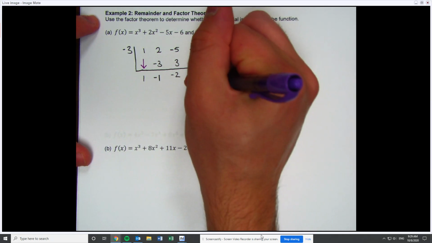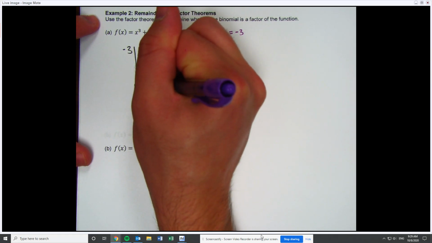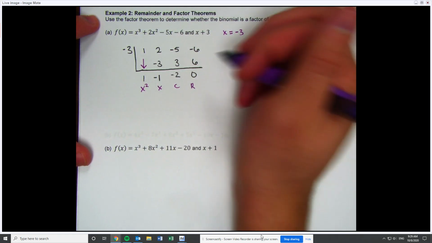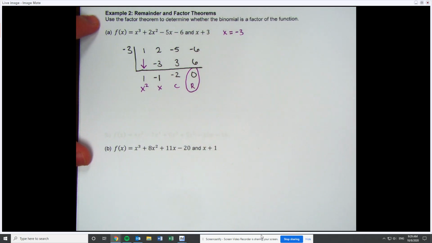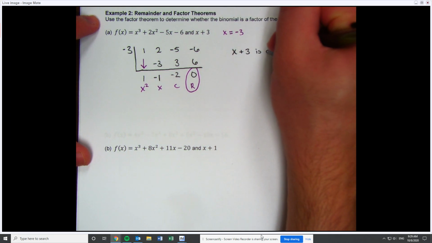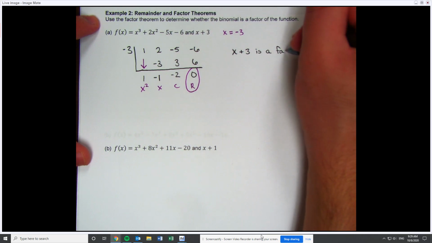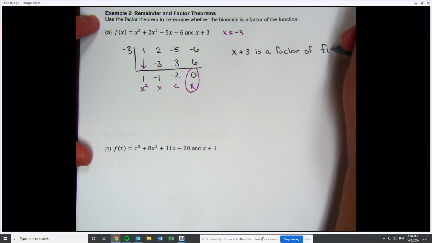Now I can do this as the remainder and the quotient x squared. Since my remainder is 0 right here, that tells me that x plus 3 is a factor of f of x.